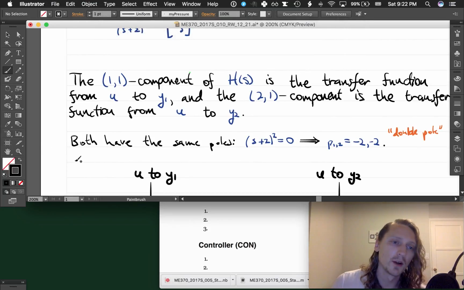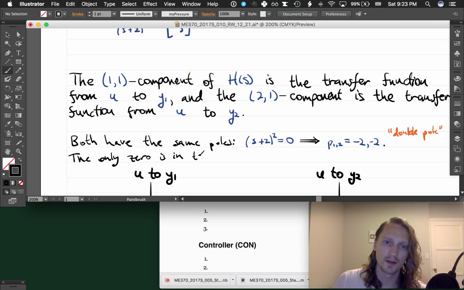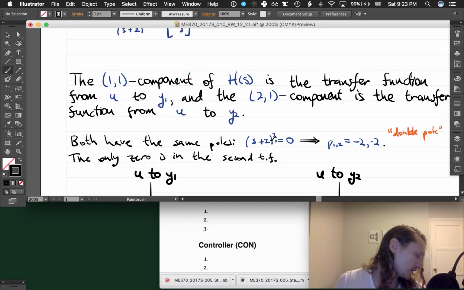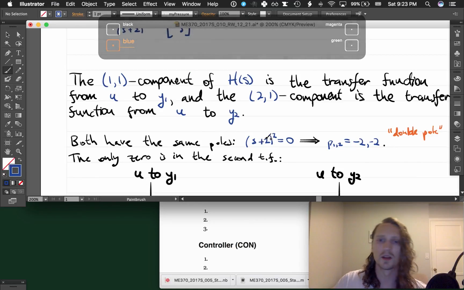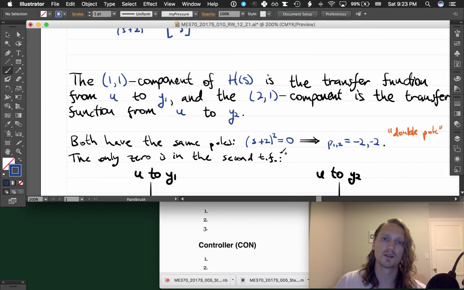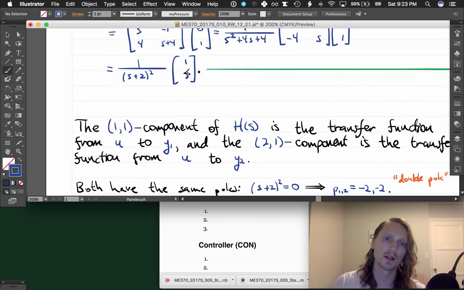The only zero is in the second transfer function, which can be found by setting that numerator equal to 0 and solving for s.